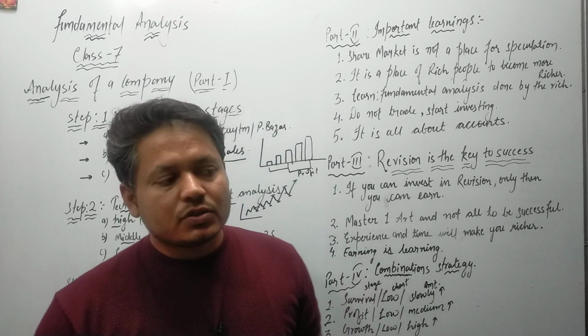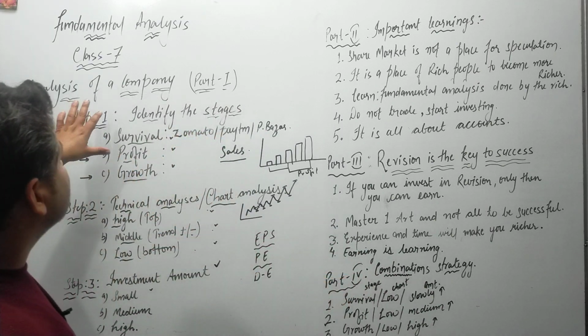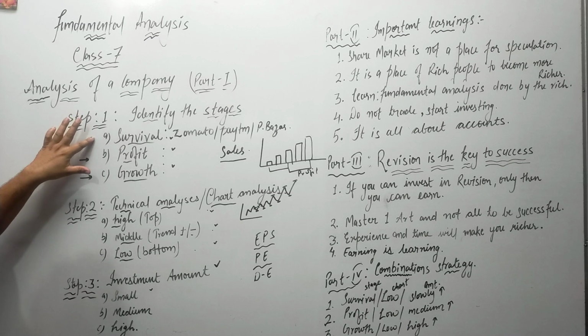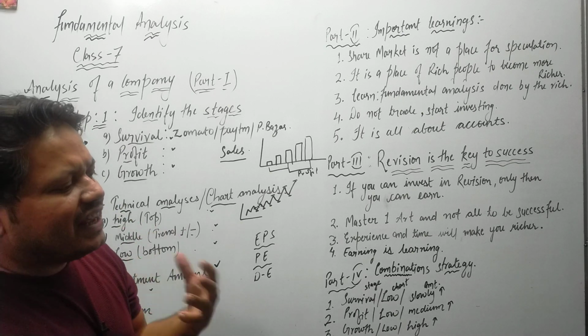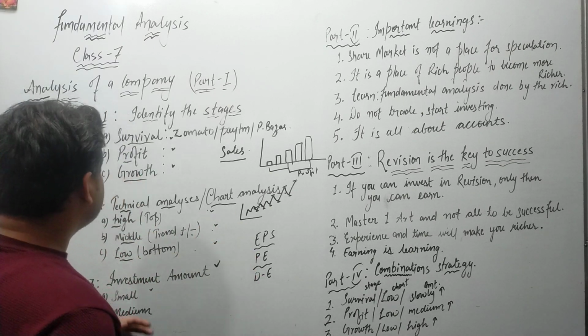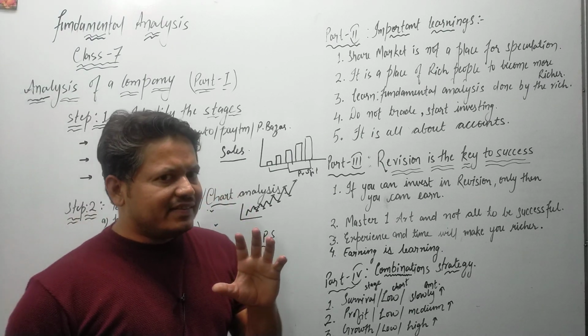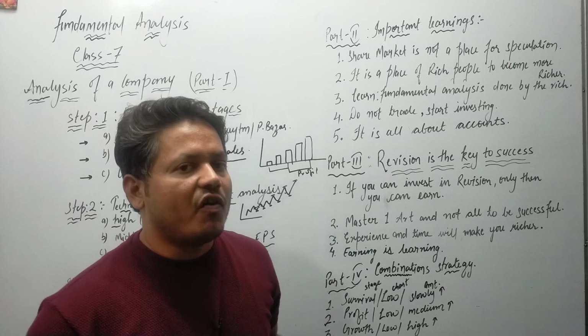Okay? So here, identify the stages. If the company is in survival stage, invest smaller amounts. If the company is making profits, then look at the consistency of the profits.